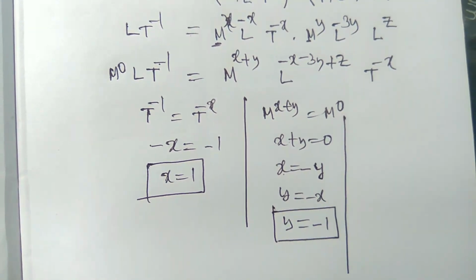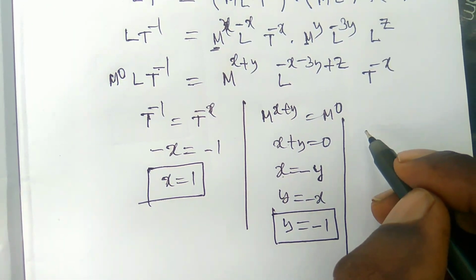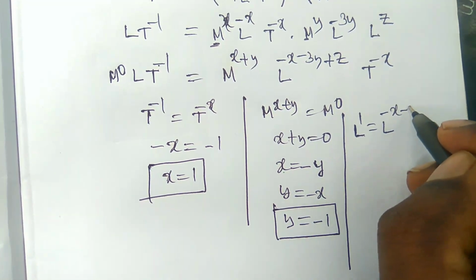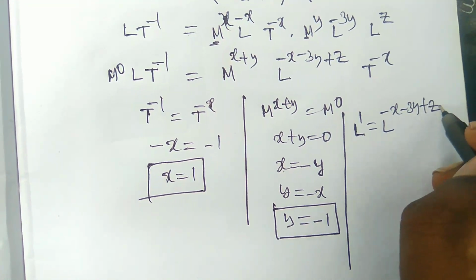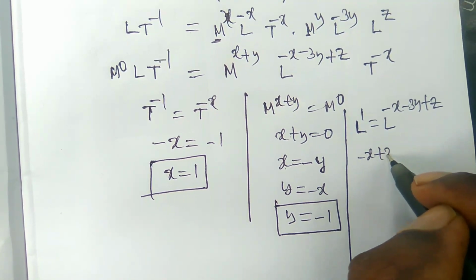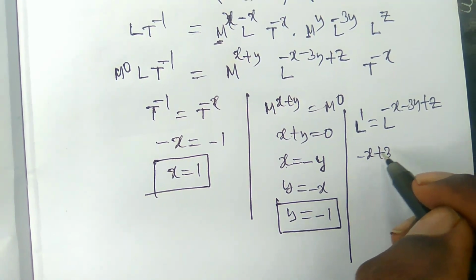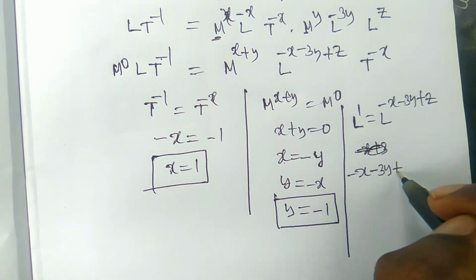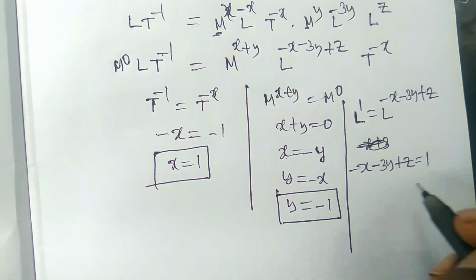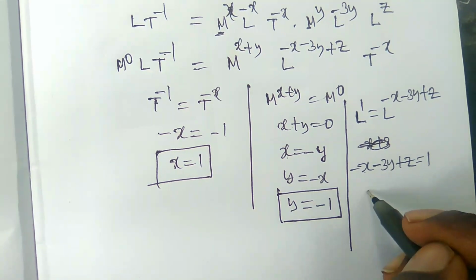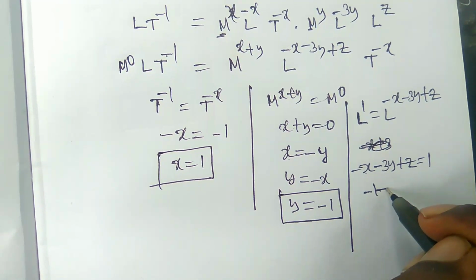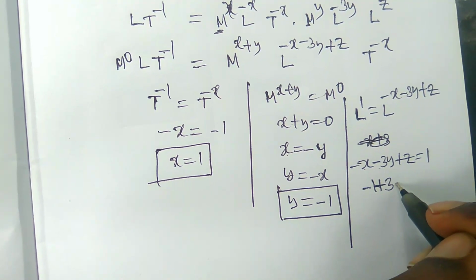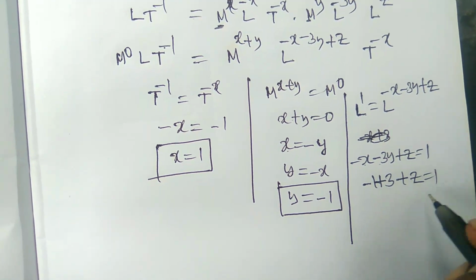Coming to the z value. So here L power 1 is equal to L power minus x minus 3y plus z. So minus x minus 3y plus z is equal to 1. So minus x means minus 1, minus into minus, y is equal to minus 1 plus 3 plus z is equal to 1.